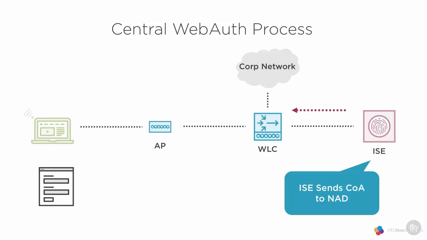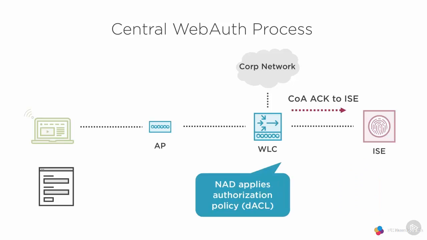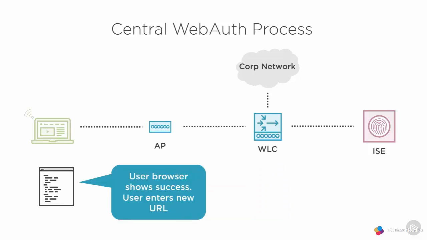And at this point, the controller will apply that authorization policy in the form of a downloadable ACL, and the user's browser is now refreshed and it says that their authentication was successful. Now, in ISE 1.2, the user needs to enter a new URL.